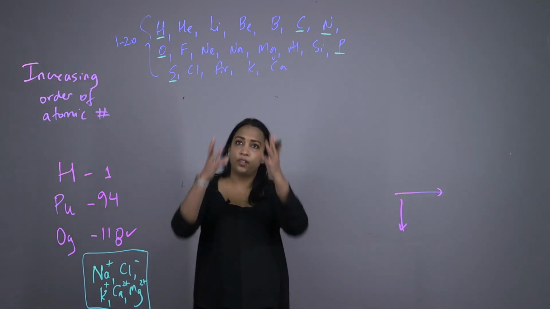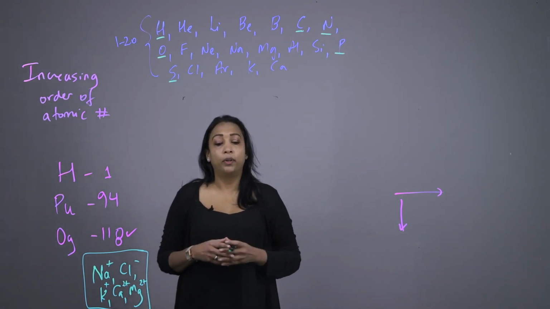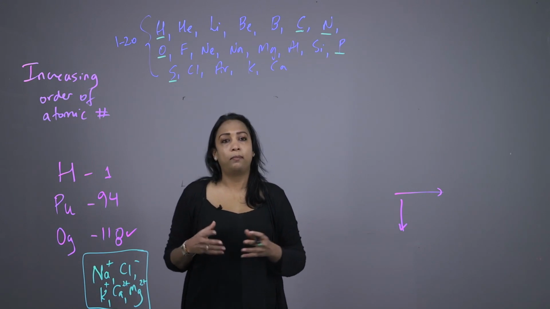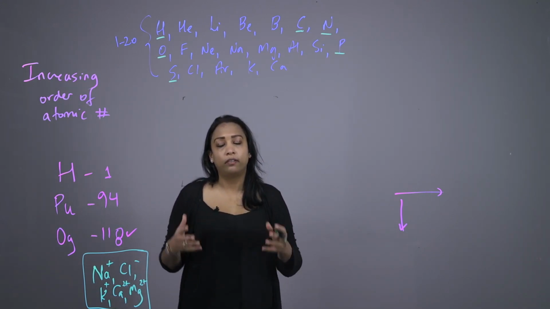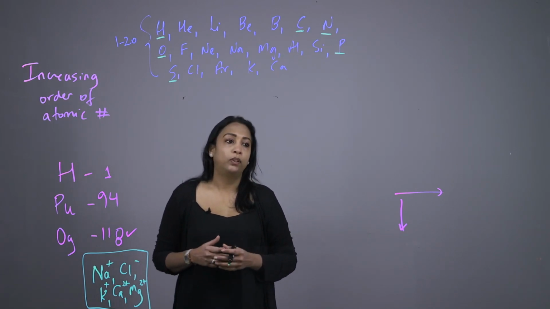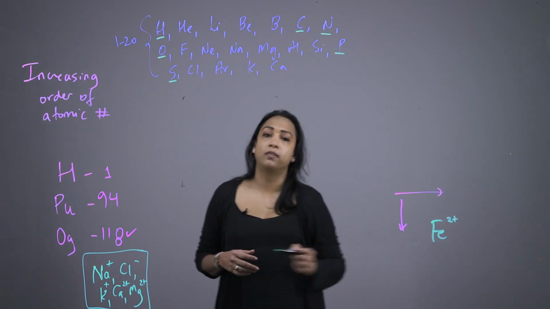Now, outside of the first 20 elements that we've identified here, we're going to meet a couple other elements outside of these 20 as you progress through your study of biology. For example, you might meet iron, Fe, in the form of Fe2+.